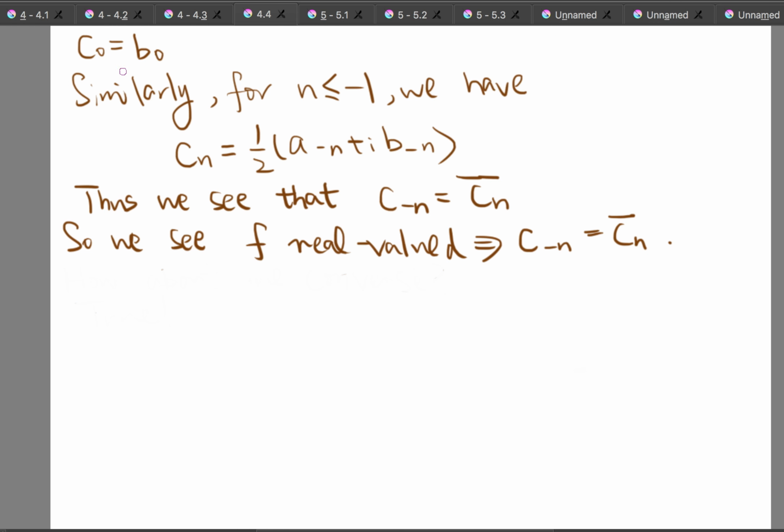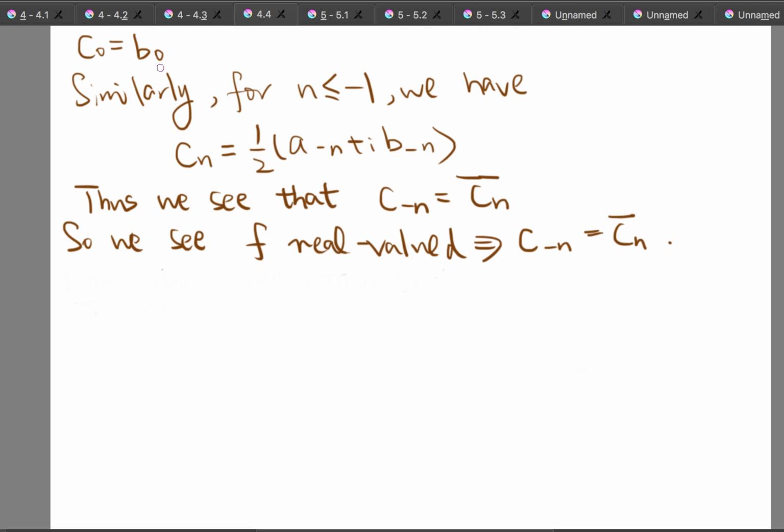And for the zeroth term, we see that c_0 should be equal to b_0. The reason is that when n is equal to 0, e^(-inx) is equal to 1, so c_0 is the same expression as b_0 in the real Fourier series.